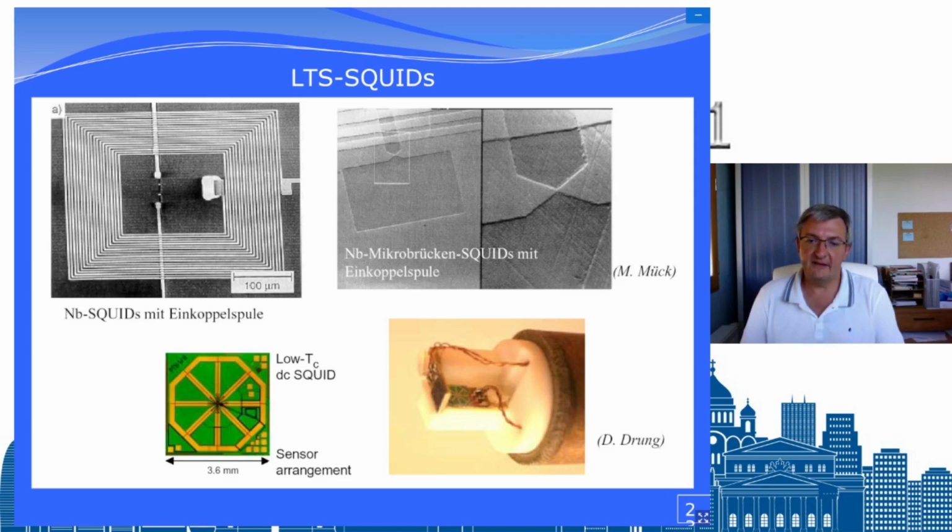And here are examples of, we don't see too much of the washer here, but we see at least the spiral, and you can see here the junctions, which are here with some parts of the washer.